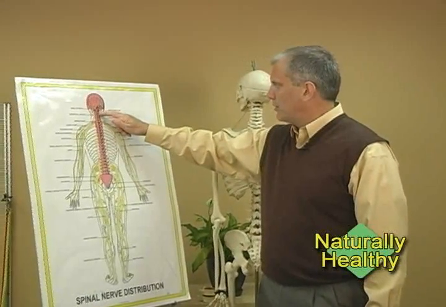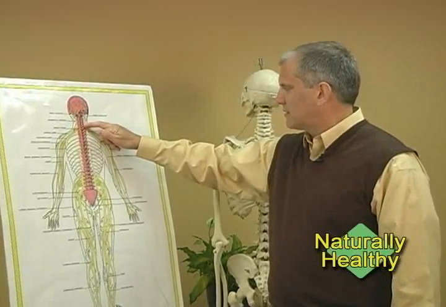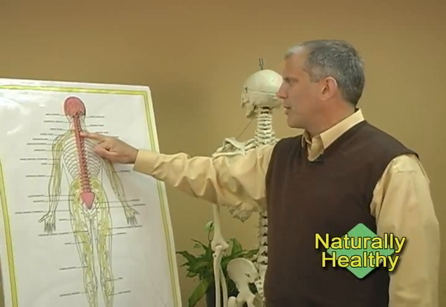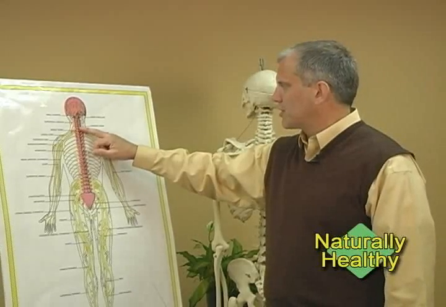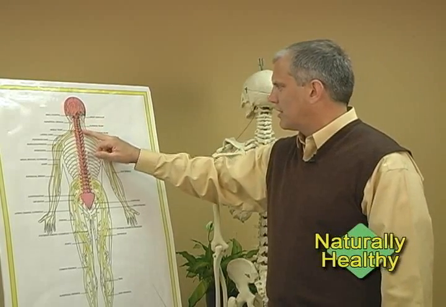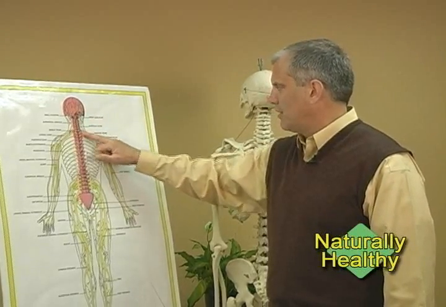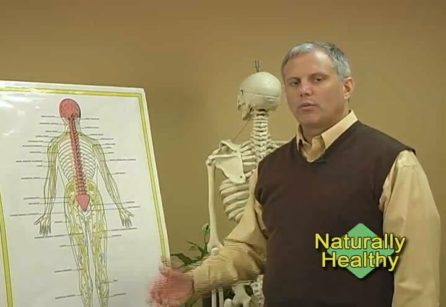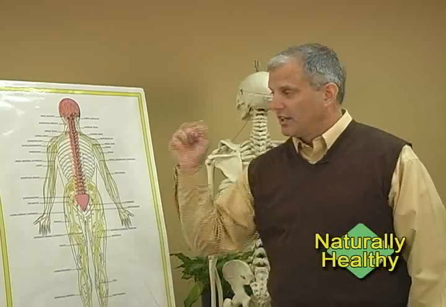So we have 1, 2, 3, 4, 5, 6, 7 primarily, and 8. If it's my right arm, the nerve signals coming out of the brain and spinal cord at those 3 spinal levels go down to this part of our arm where our triceps muscle is to tell it to do this.